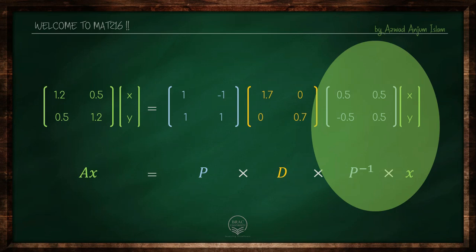And when everything is with respect to the eigenvectors, we know the eigenvectors are only being scaled up and down, so that is what's happening here. We don't have to concern ourselves with all the other chaos. We just know the eigenvectors are only being scaled up and down by 1.7 and 0.7. All the main work is happening here.